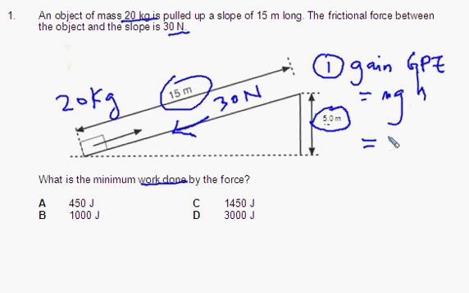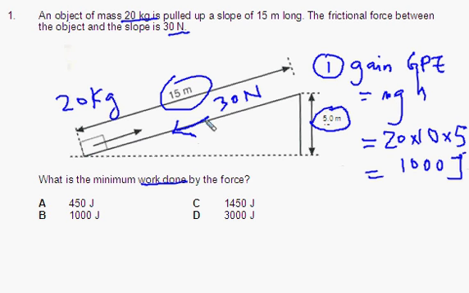Mass is 20, g is always 10, so 20 times 10 times 5. In this case, I'll get my answer, which is 1000 joule. This is the first part of what the work done is trying to do, which is to gain GPE, so that it can move up the certain height of 5 meters.